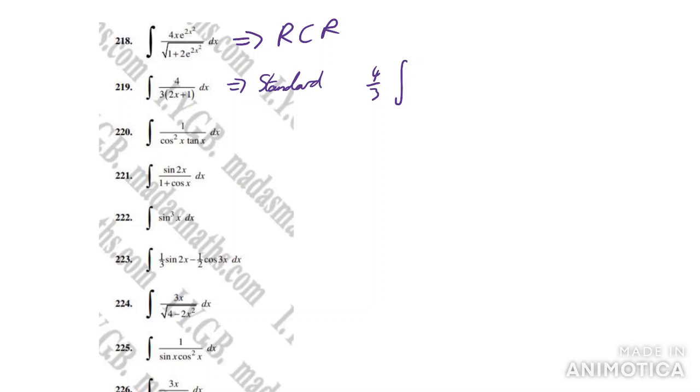So I would take a 2 out again from the bottom and say this is now the 4 over 3 times 1 over 2 of 1 over x plus a half. And the reason I like to do that is because now I don't have to worry about getting that coefficient on the side wrong. I can just see that that's 2 over 3 of ln x plus a half. So I won't get this bit wrong, which is something people get wrong all the time.